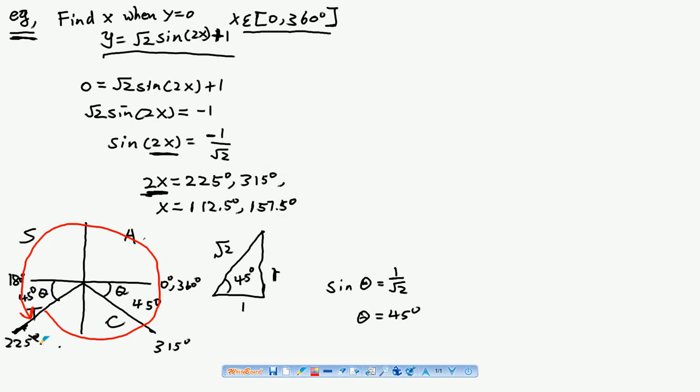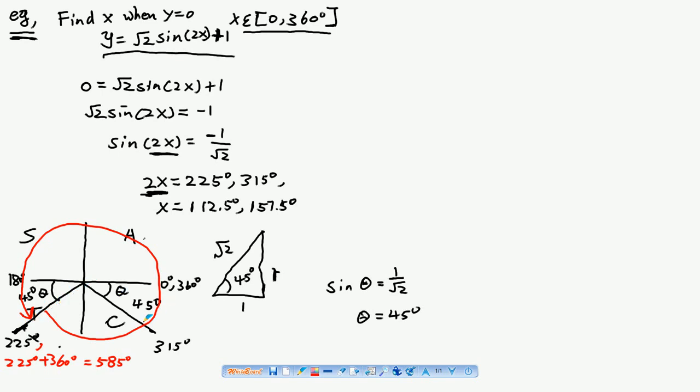The angle 225 degrees plus 360 degrees equals 585 degrees, which can also be represented by this line.